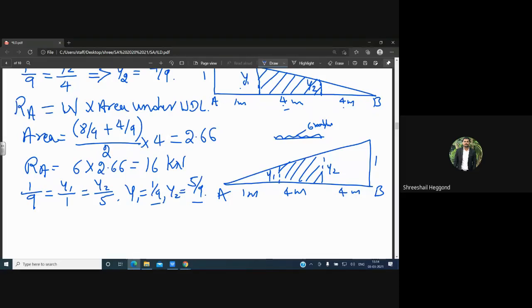And the reaction can be calculated. First, we need to find out the area and then write for reaction. Directly, I can write RB is equal to 6 into the area of trapezoid, which can be given as 1 divided by 9 plus 5 divided by 9, divided by 2, into the perpendicular distance of 4 meter. So what will be the total value?